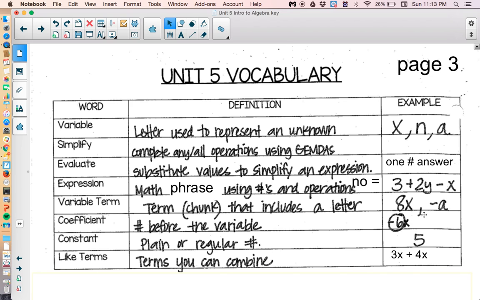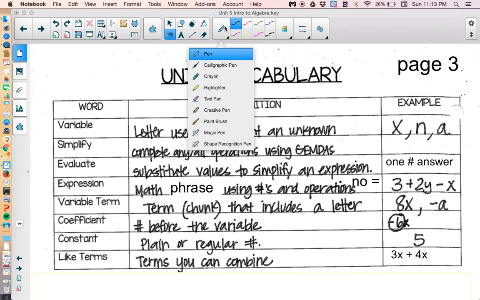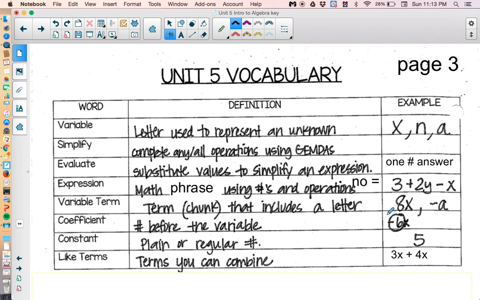For example, negative 6x, the negative 6 is the coefficient. And please remember that when you have that, you have to make sure to put the number before the variable. So like right here, oops, I didn't pick a very pretty color. Let's try that again. Let's try this.